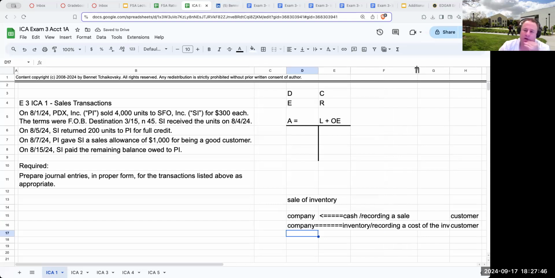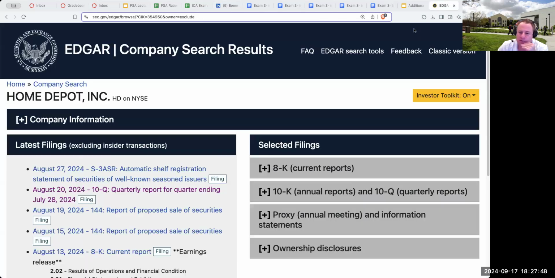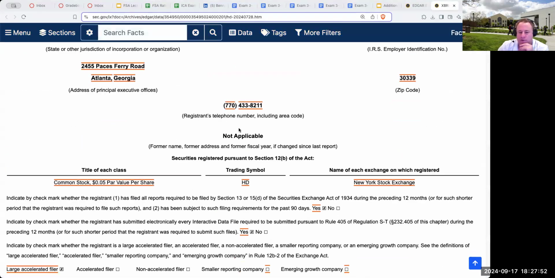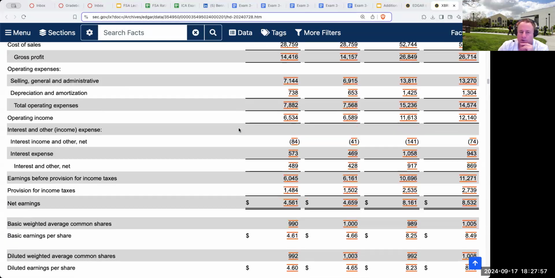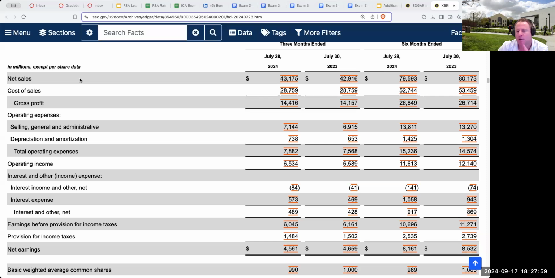If you look at a company like the Home Depot and go look at the Home Depot's income statement, what you're going to notice is you see their net sales, a fancy way of saying revenues, and we'll see what net means momentarily.